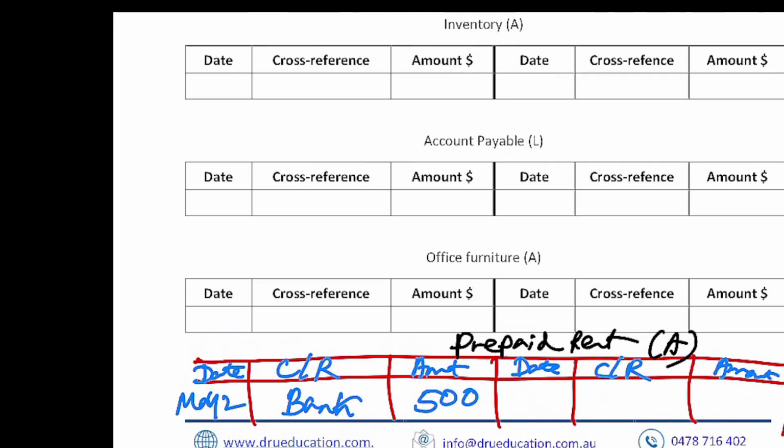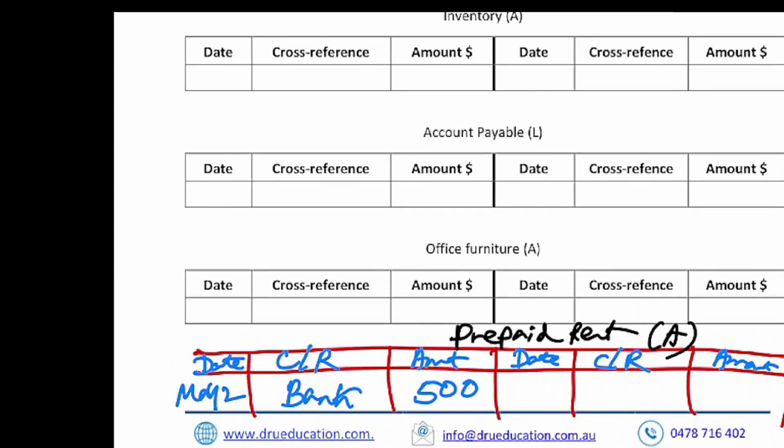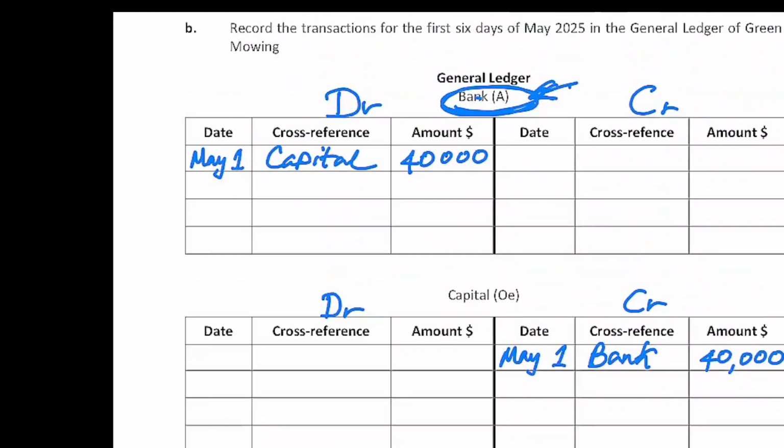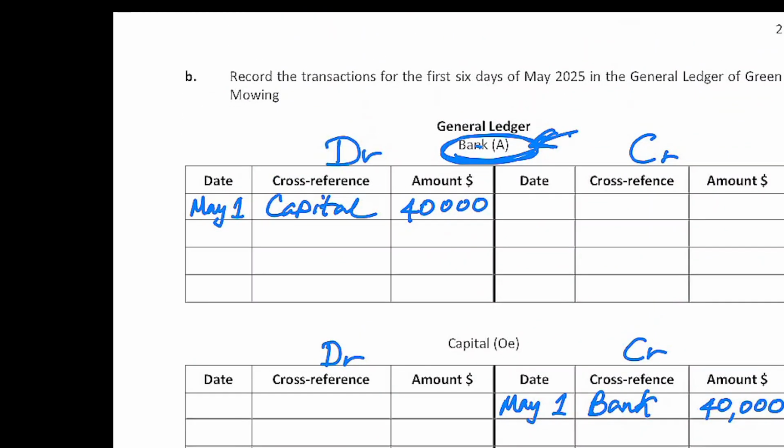Then, where do you credit? Everyone wrote this one? Okay, where do we credit? Bank. Then how do we write it? You go to the credit side, the very first line. Don't leave space. May 2nd.